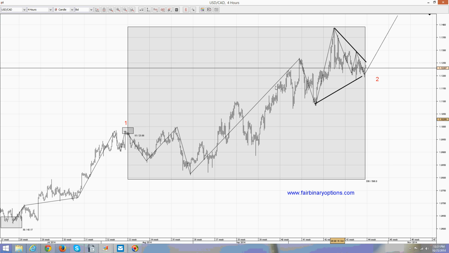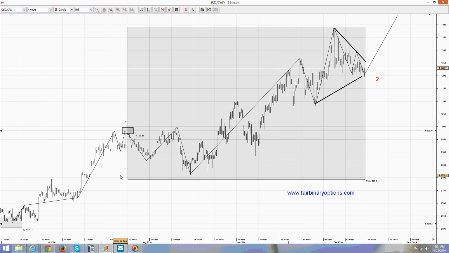Otherwise, it may end up also having an X wave here, and then a triangle A, B, C, D, E, which it may be or not, but it doesn't change anything about what we should expect. We should expect now an impulsive move that should go 161.8 extended when compared with the first wave here.